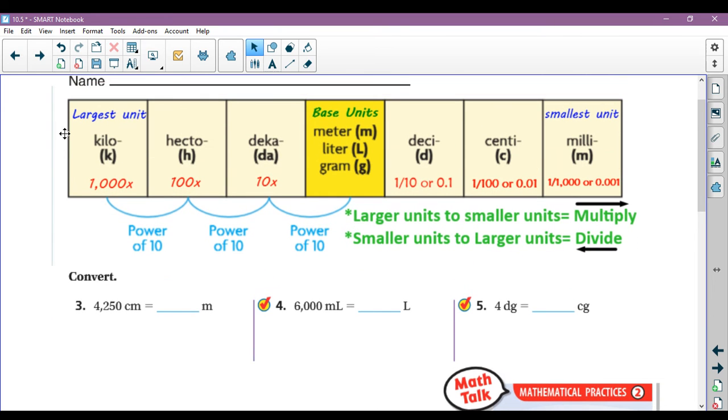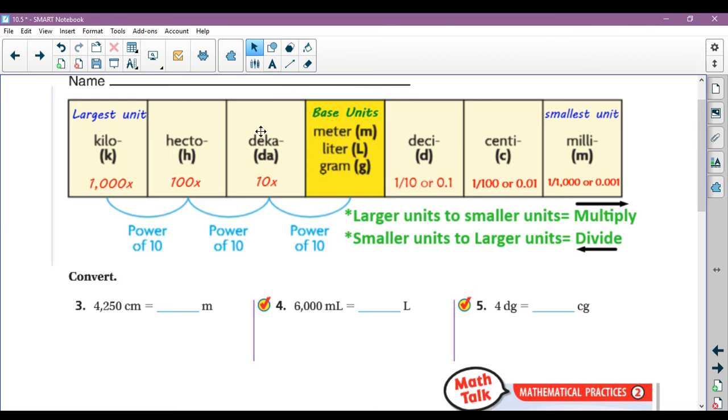Now, the biggest thing, remember, this side over here is your largest unit. Your kilo is your largest, and milli is your smallest unit on this chart. These in the middle, your meters, liters, and grams, are your base units, which we've talked about before.